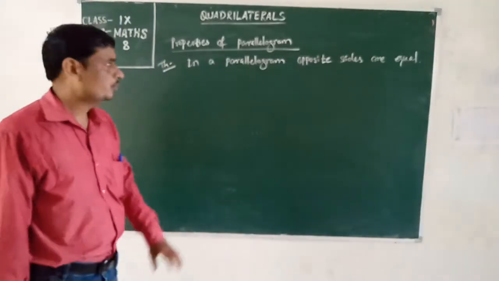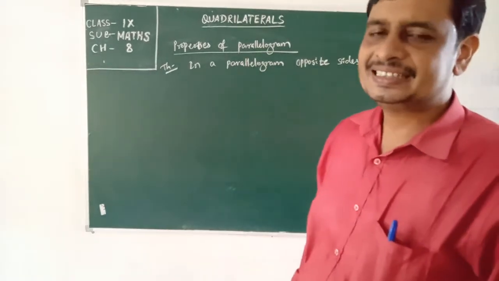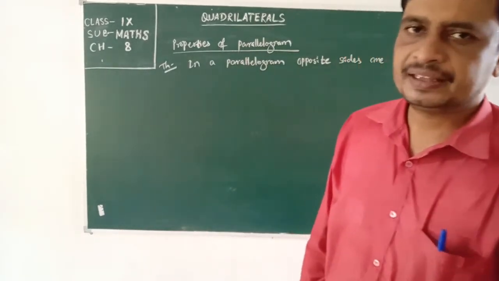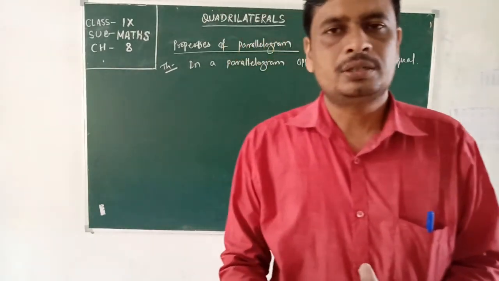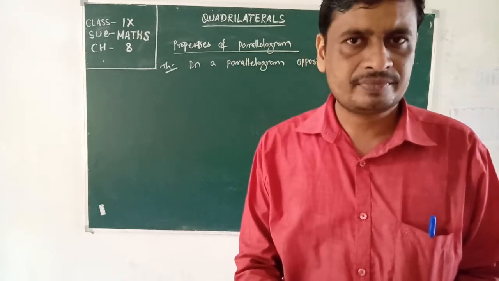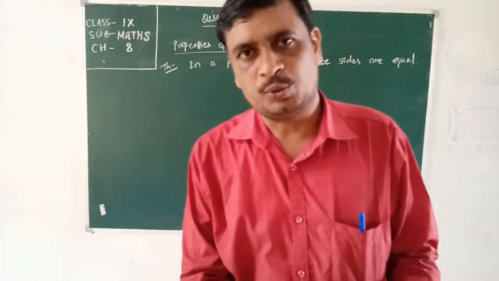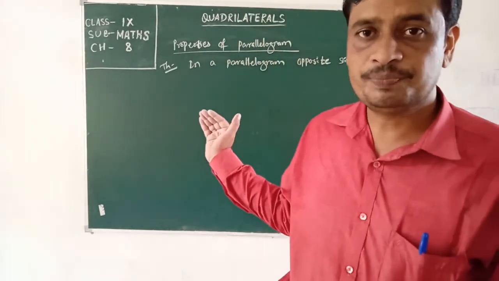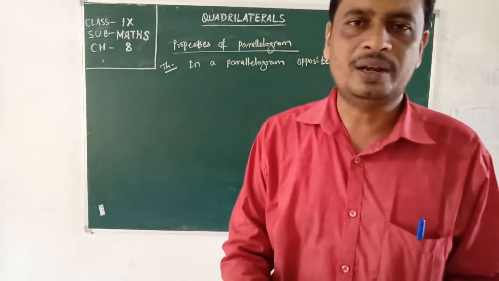Here, we have to prove that in a parallelogram, opposite sides are equal. In the properties, we write that opposite sides are parallel in a parallelogram and opposite sides are equal in length also. So here we have to prove the opposite sides are equal.